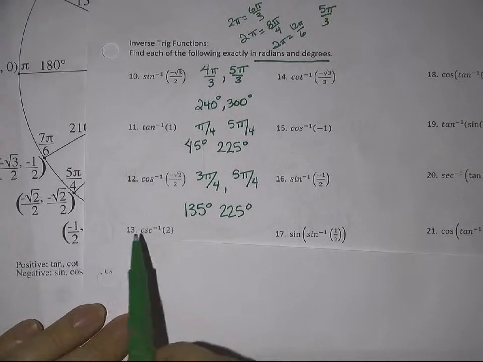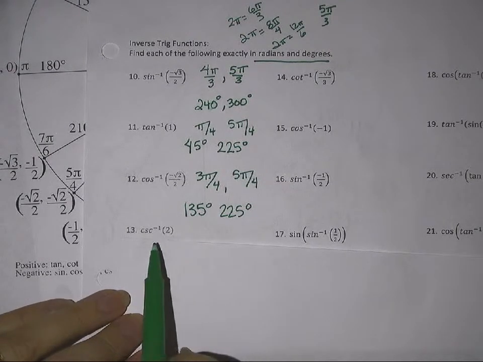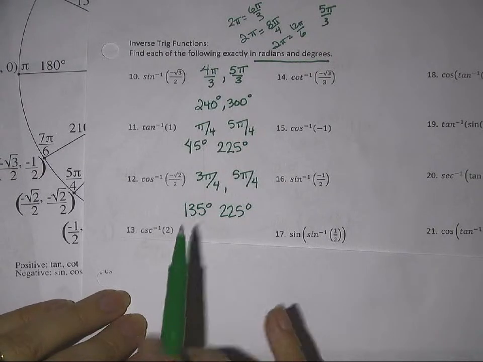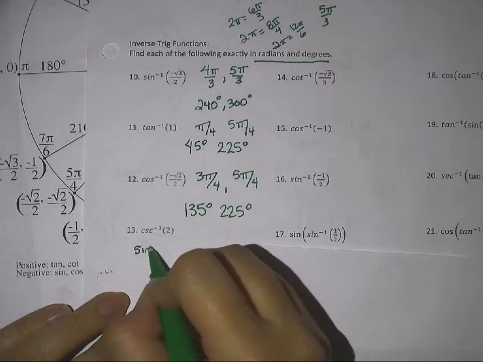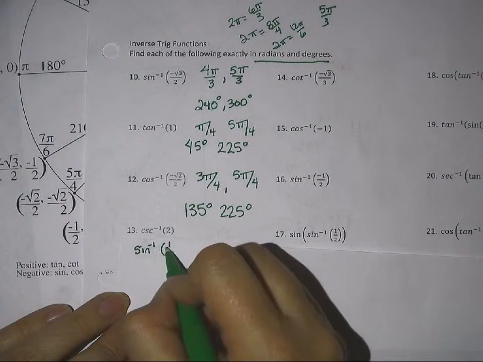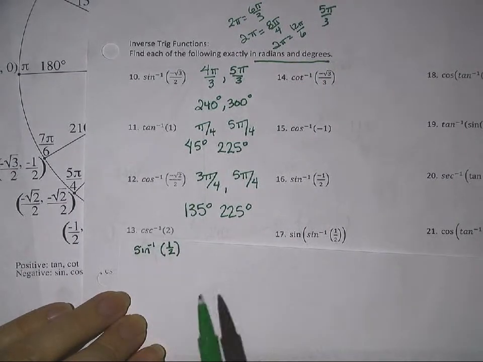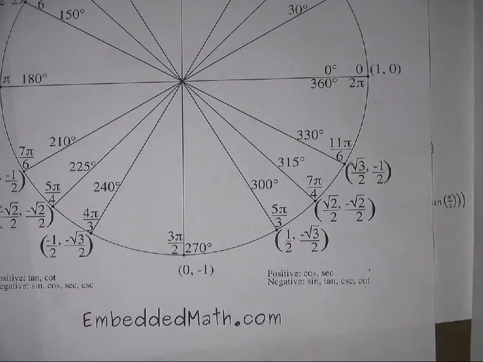Okay, inverse cosecant of 2. So cosecant is the reciprocal of sine. So I'm looking for where the sine is the reciprocal of this number. So I'm looking for where the sine is 1/2. So I look over here, and sine is the y value.